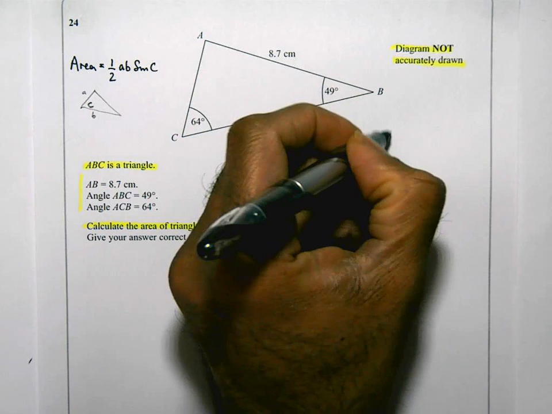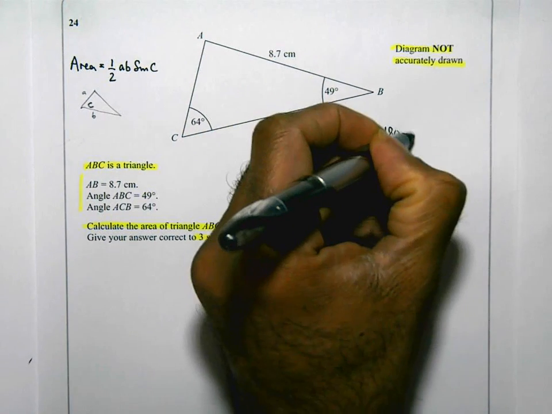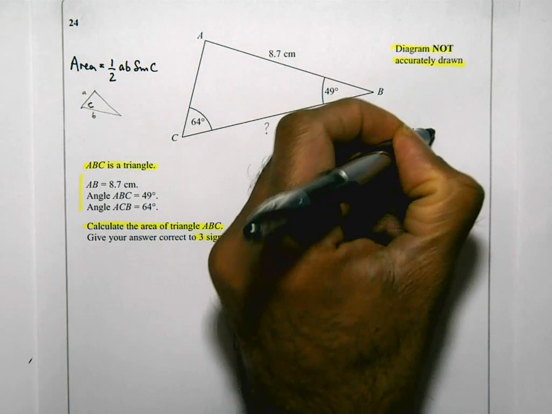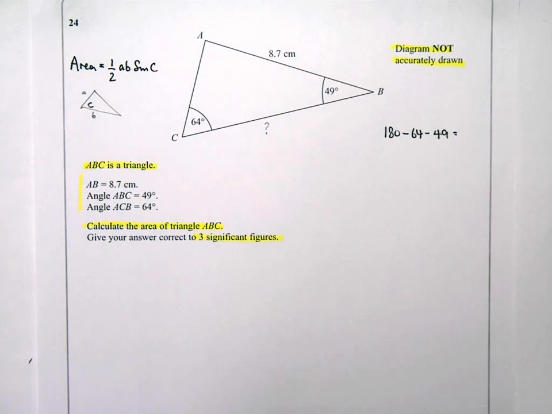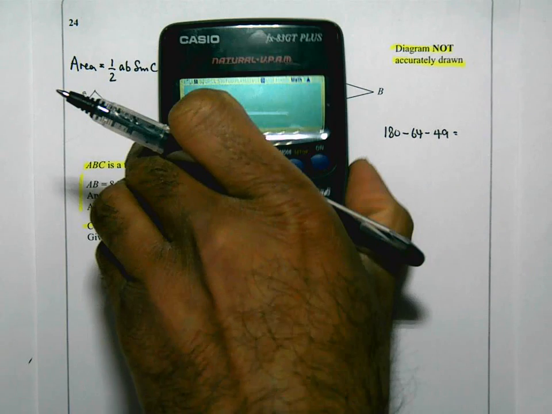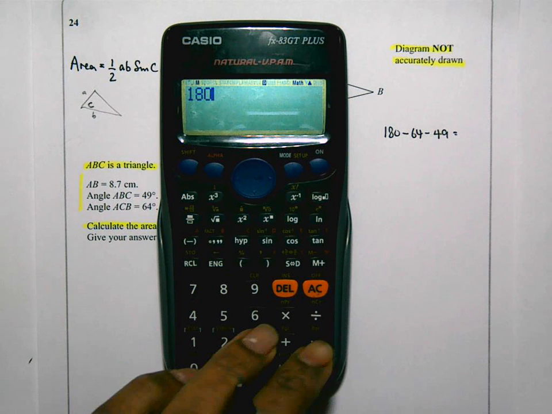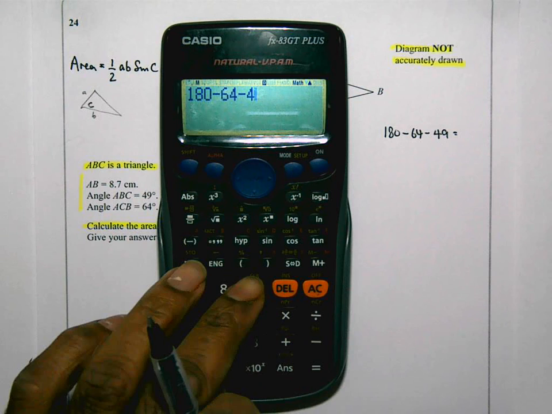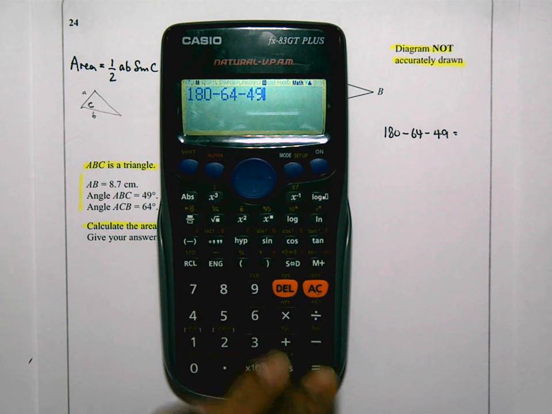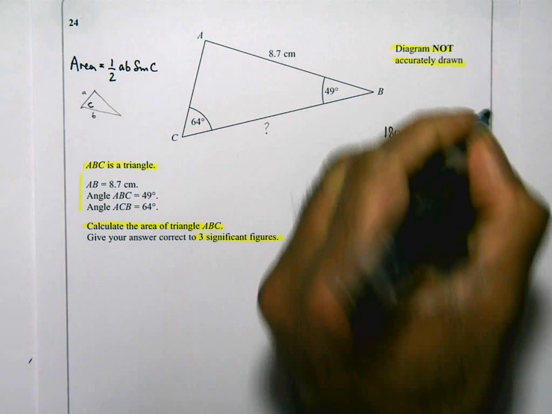I'm going to do 180, take away 64, take away 49, and to make sure that I definitely don't make any mistakes, and this is the calculator paper, so I could use the calculator. 180, take away 64, take away 49 equals 67 degrees.